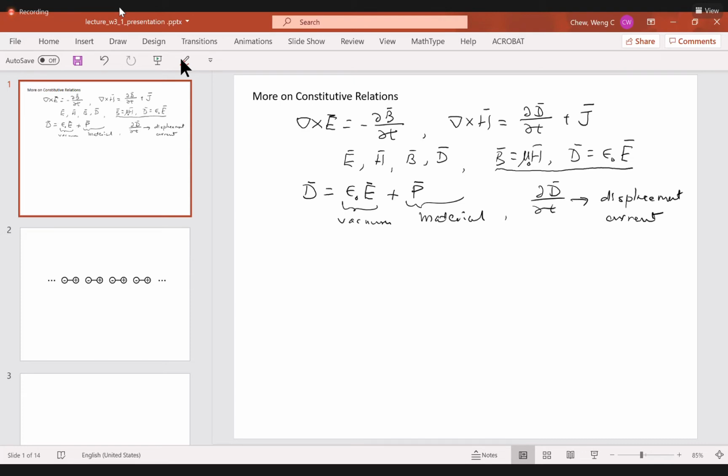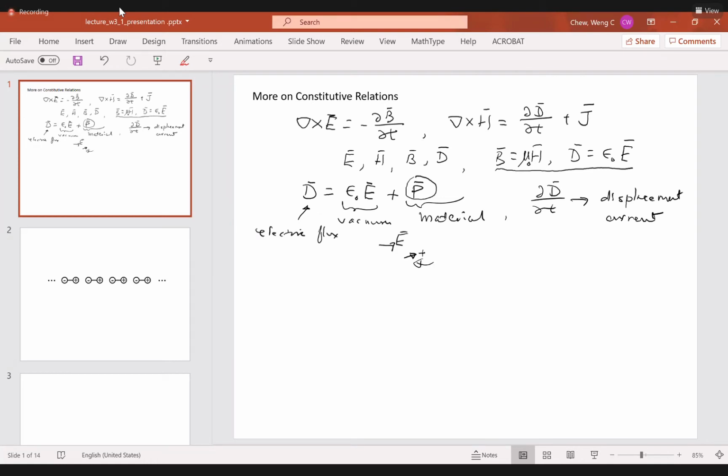And we will study a little bit more on P, the P's contribution to D, the electric flux. So what is P? P is actually due to very, very small dipole densities, because when you have a molecule and you apply an electric field, that molecule is going to be polarized.